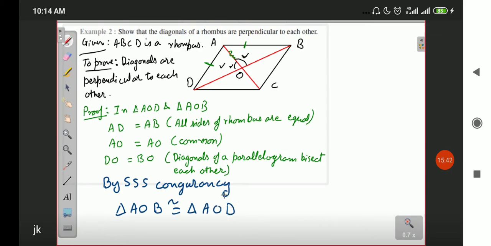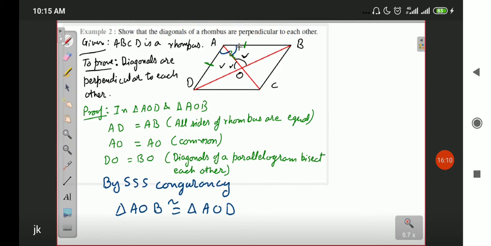By CPCT you can prove two things. First of all, you can prove that this angle and this angle are equal. That means this AC will be the angle bisector of angle A. See students, inside a rhombus and a square only, the diagonals of these two are also bisectors of their interior angles.